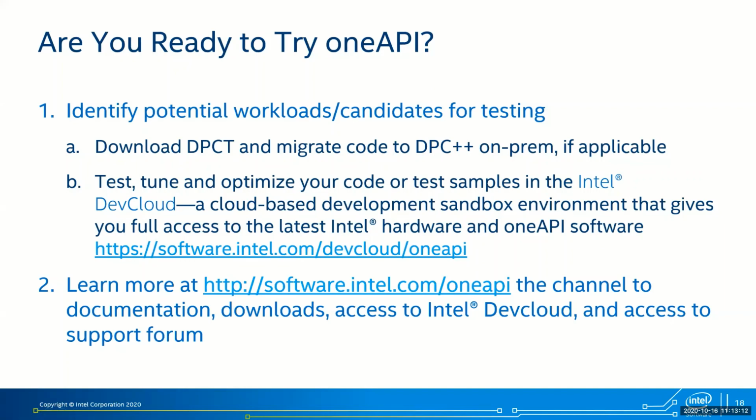There is a website available to do that. If you just Google search, you should be able to find it. And typically you would migrate the code, run this tool on your premise, on your own computer, if applicable. And then you can test and tune and optimize this code on the Intel Dev Cloud.